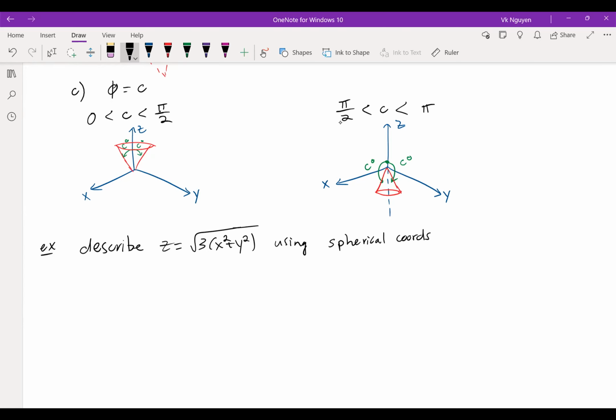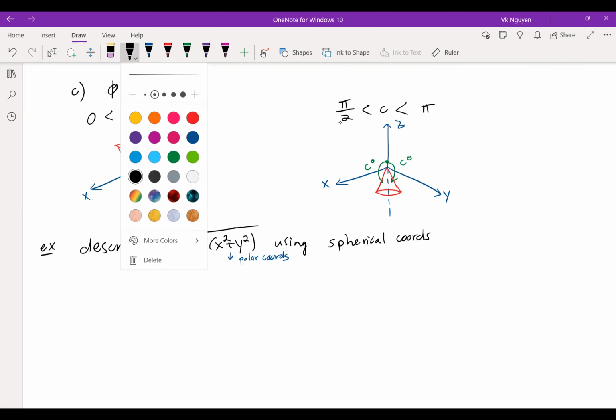We know that x squared plus y squared is r squared. It's on the xy plane. So it is okay to use polar coordinates because you can describe polar coordinates for any point on the xy plane.